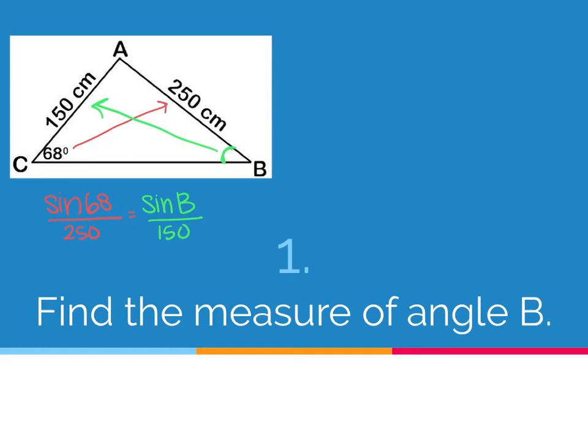To solve this, we're going to cross multiply. So 150 times sine of 68 equals 250 times sine of angle B.